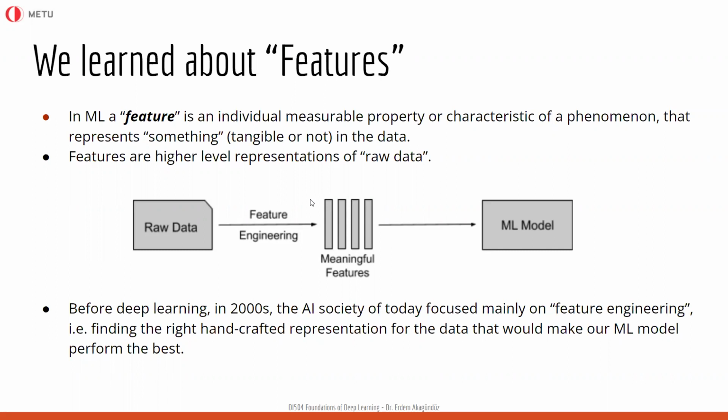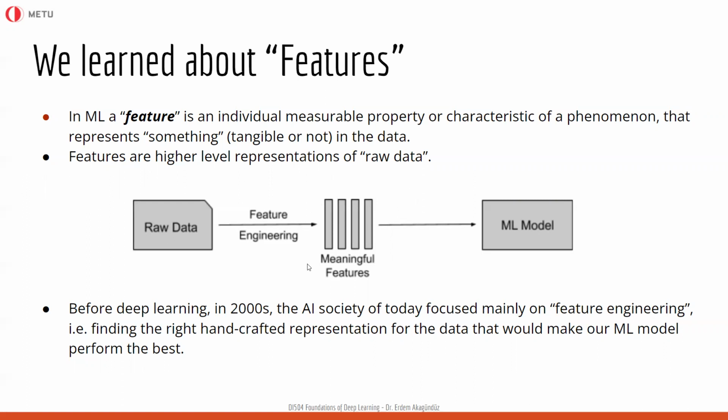So these features were like the characteristics of the data. Sometimes they represent something, it could be tangible or not. I mean, you could name it or you could not name it. But in the end, a feature is a high-level representation of the data. Even if it doesn't represent something to you, it would represent something to the model.